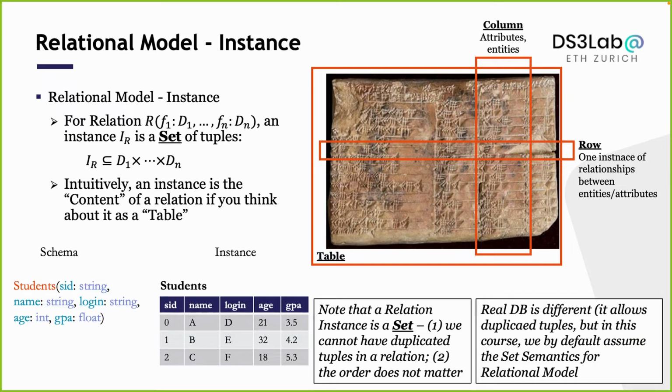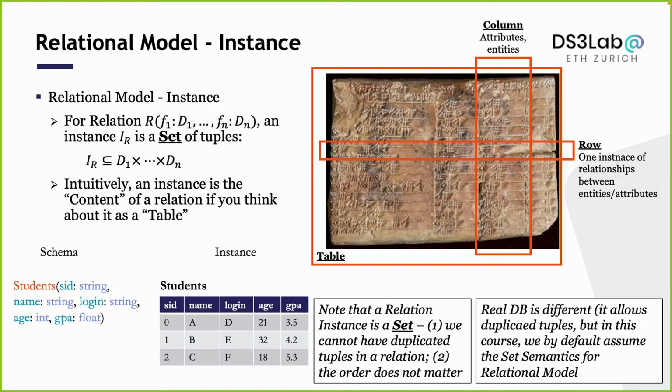Later, after a couple of weeks, when we play with a real-world database system, you will see that in practice it's a little more complex compared with this definition of the relational model. In a real-world database, a relation is actually a bag of tuples, a multi-set, so you can have duplicates.